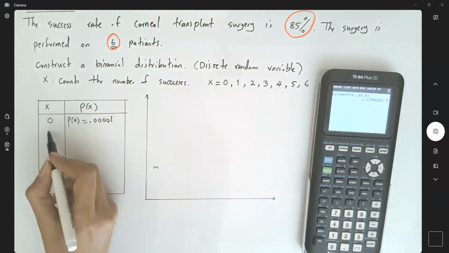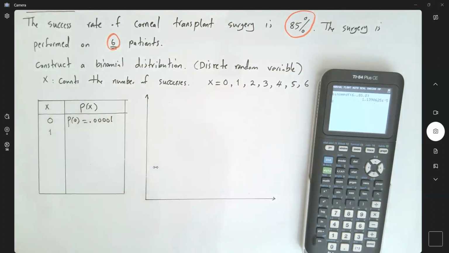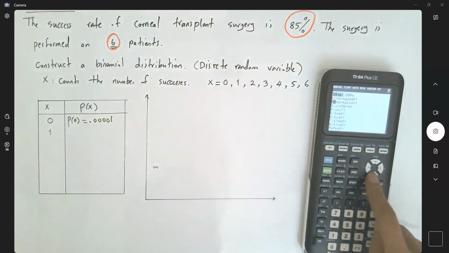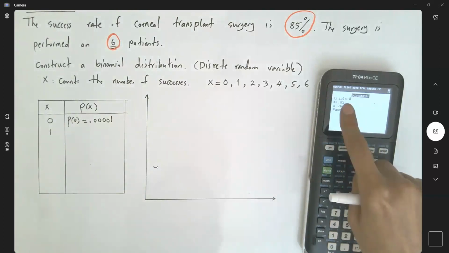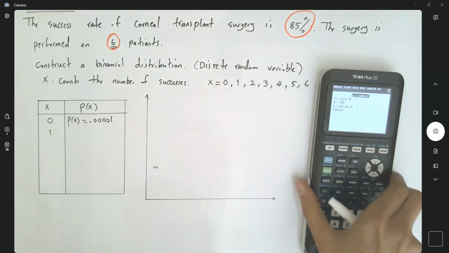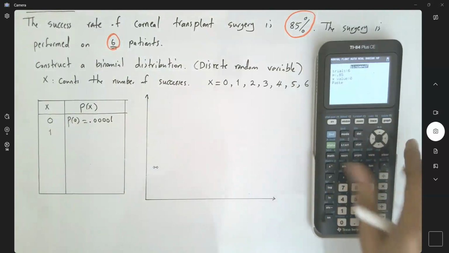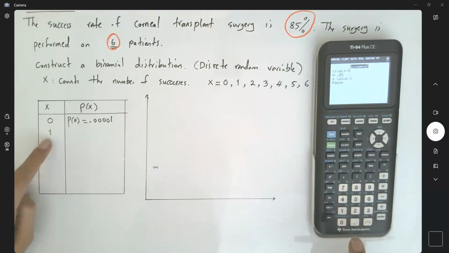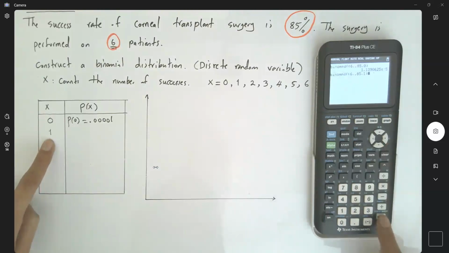Now I'm going to change it to 1. What if we have 1 successful surgery? So second vars, go to binomial PDF. The number of tries is 6. The probability of success is 85%. Now you're going to change the X value to 1 because this is 1 successful surgery.